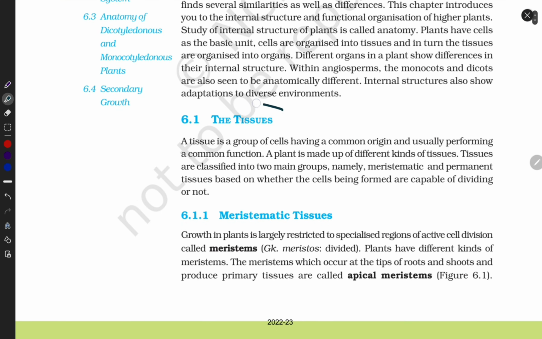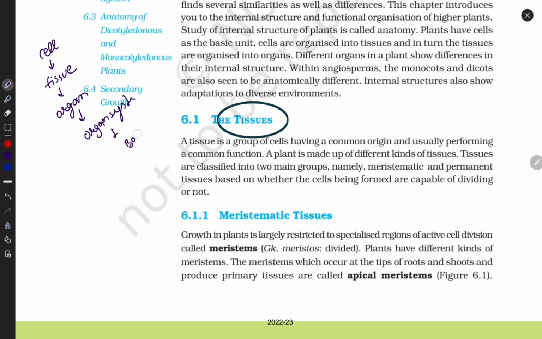Guys, tissue. What do you understand by tissue? Okay, I'm changing the pen. From the basic level, we understand that cells aggregate and form tissue, tissues organize and make an organ, organs organize and make an organ system, and finally a body will form.